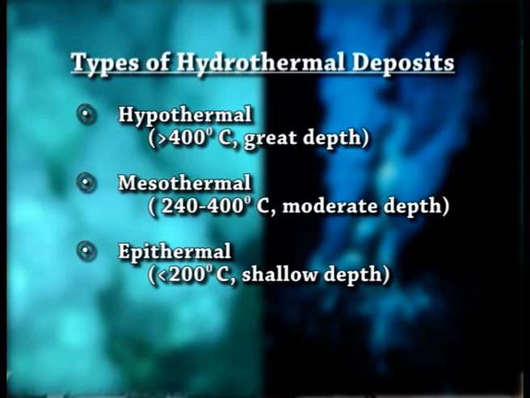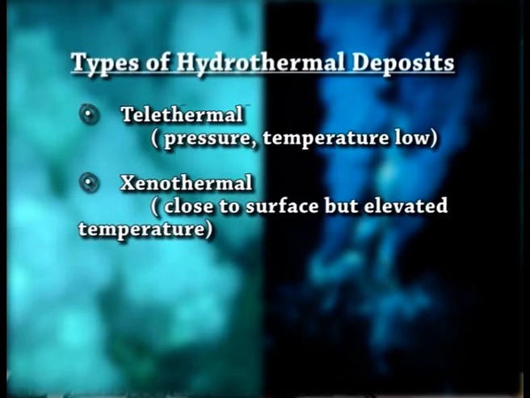Then we have epithermal, less than 200 degrees centigrade at shallow depth; telethermal, where pressure and temperatures both are low; and xenothermal, which are close to surface but at elevated temperature.